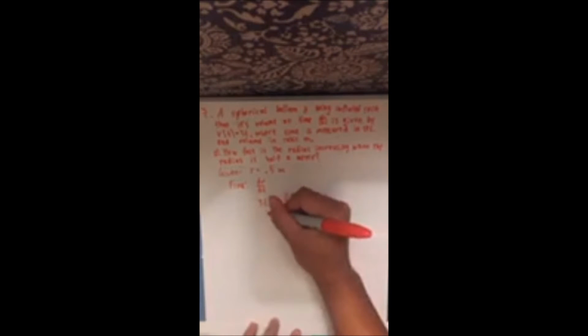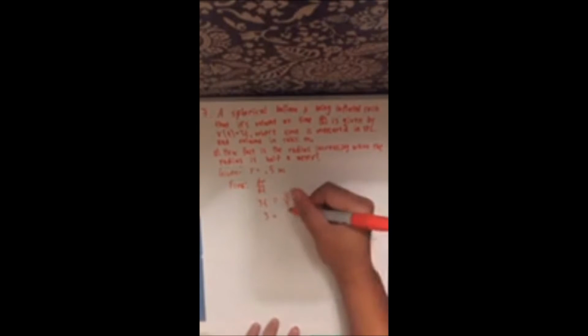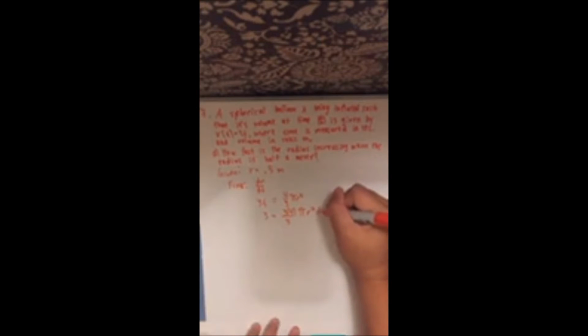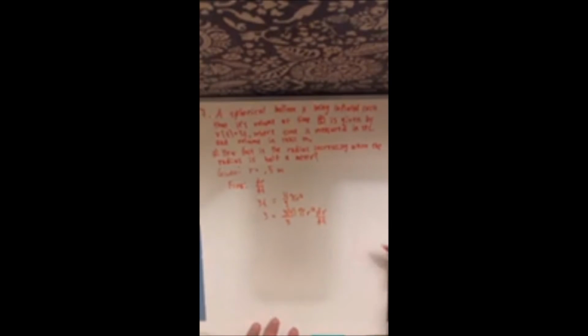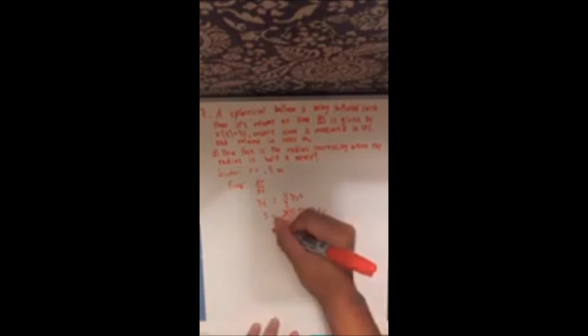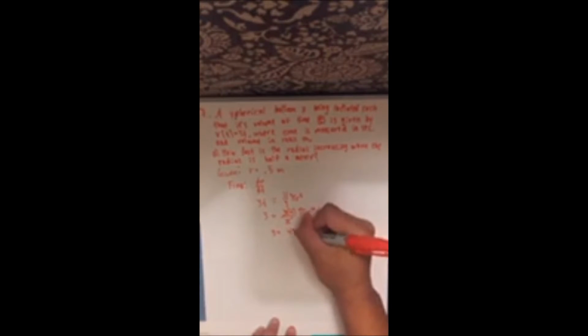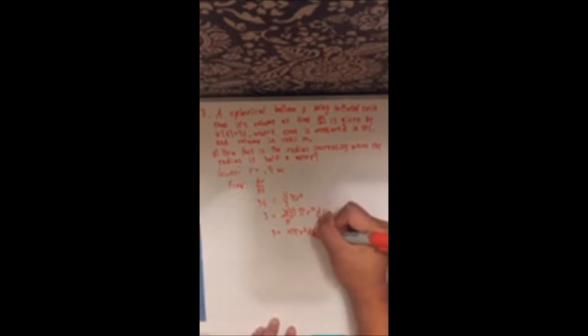Then we would derive both sides. Then we would plug in 0.5 for the radius.